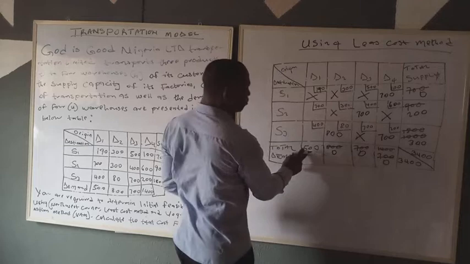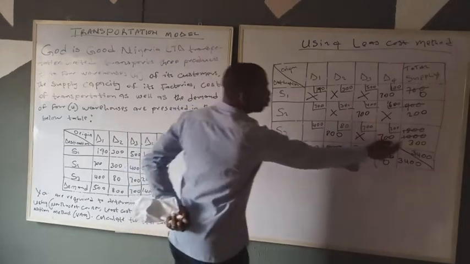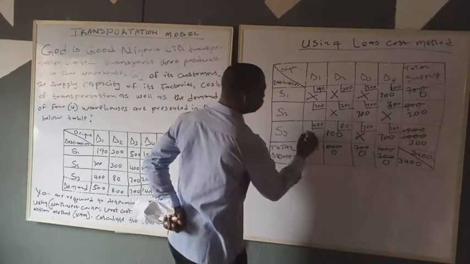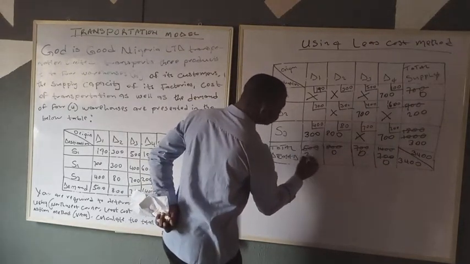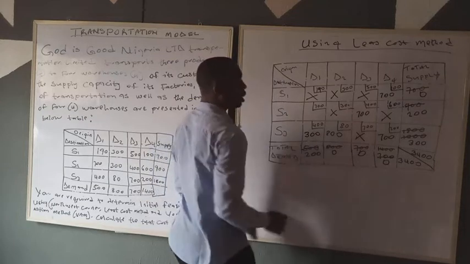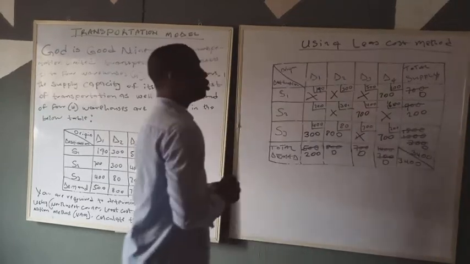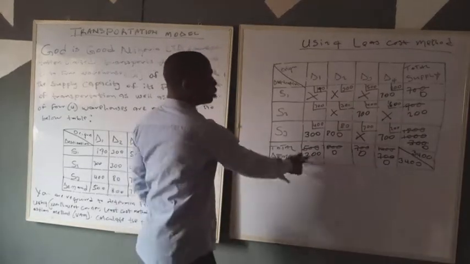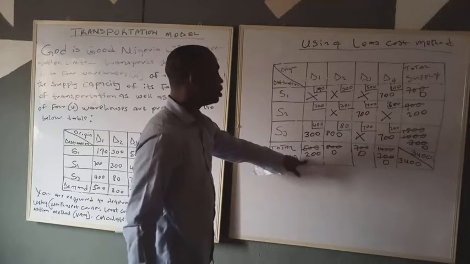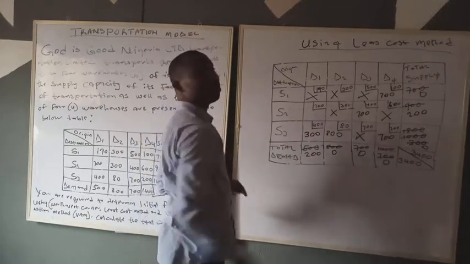Demand 1 has a demand of 500, but supply 3 can only supply 300 because the remaining is just 300, so we supply that 300. So this one remains 200 to supply, and this has no more supply. There's only one place that we can get the 200, which is the only one place remaining.